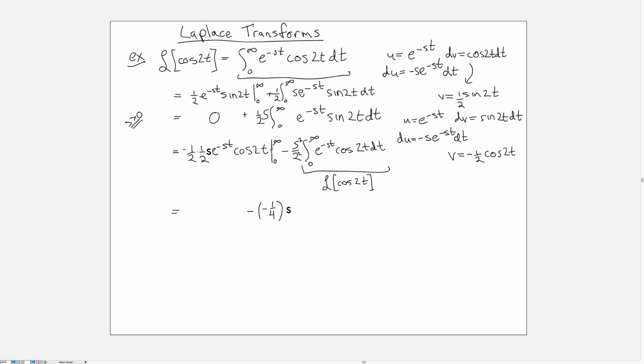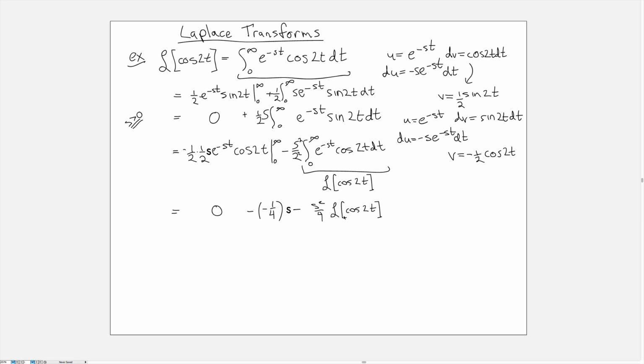Now the infinity part, again, as long as s is still positive, this exponential, when t gets very large, going to infinity, will go to 0. So no matter what happens here, this all ends up going down to 0. And so I get 1/4 here minus s squared over 4 times the Laplace transform of cosine 2t.